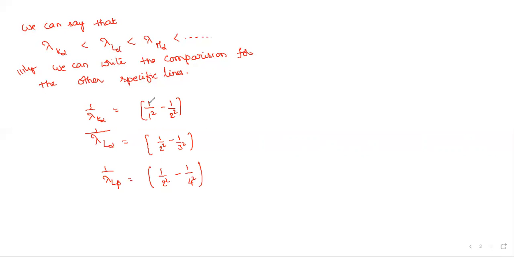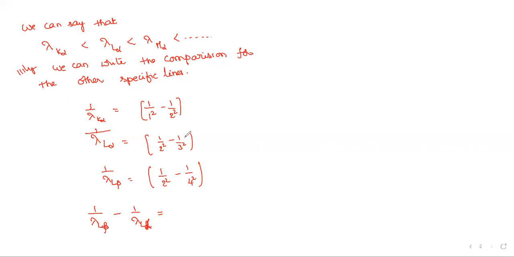Why? Because this one, 1 by 1 square minus 1 by 2 square, I am not getting here. So what are you getting, sir? Just suppose I subtract these two lines: 1 by lambda of L alpha minus 1 by lambda of L beta. Better I take L beta minus L alpha.